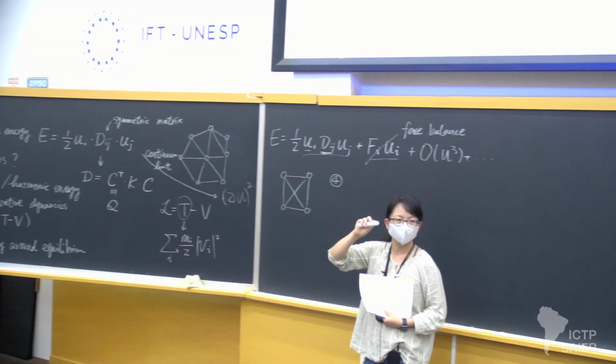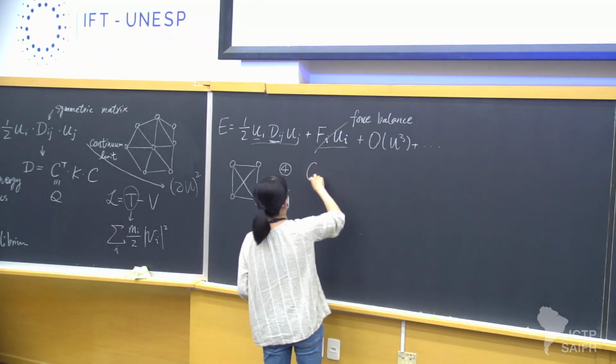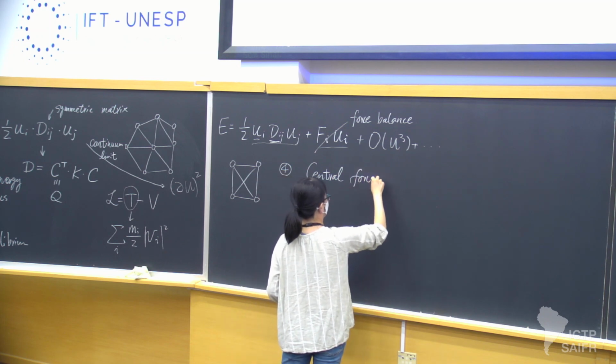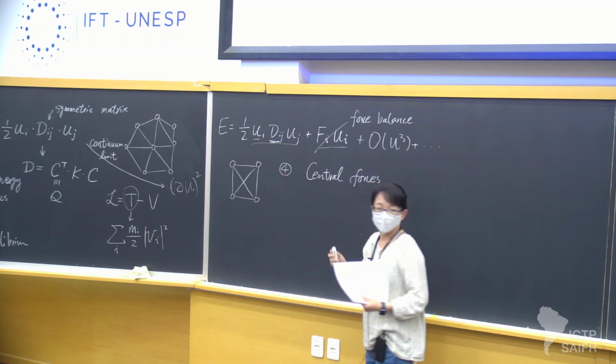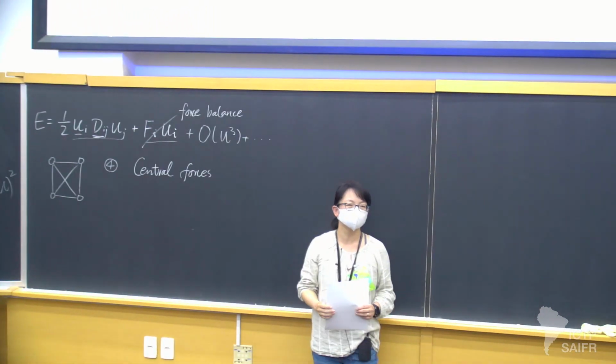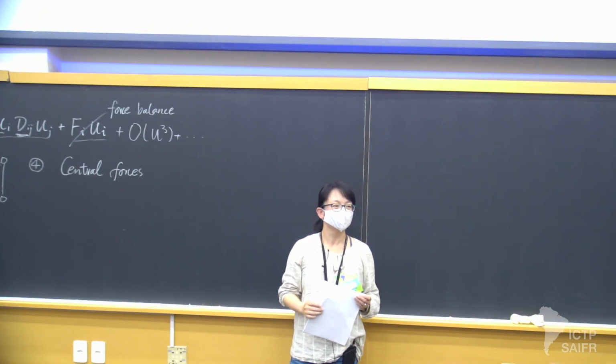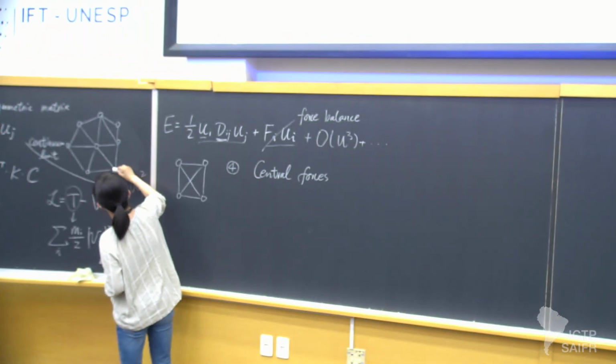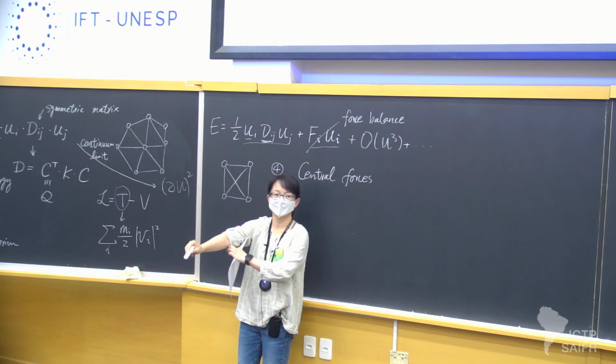So what do you say? Central forces, okay. So what do we mean by central force? It's a force that depends on the distance between two particles. Yeah, the force only depends on how far these points are, right?